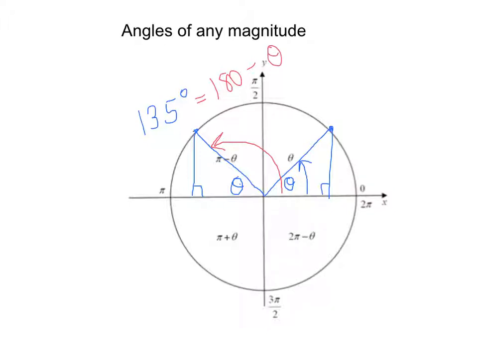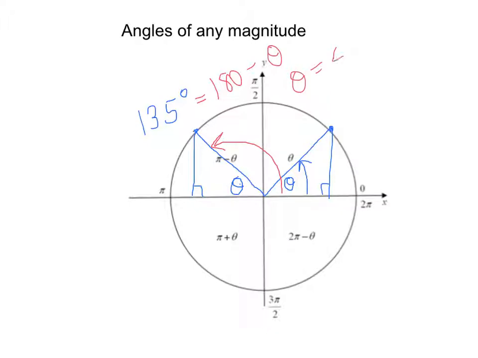Okay, can you see that? Because those two angles are supplementary. So you've got this angle here, which is 135 degrees, and then theta, and those two angles are angles on a straight line, so they add up to 180. So therefore, 135 equals 180 minus theta. So to find out what theta is, it's going to be 180 minus 135, or 45 degrees.